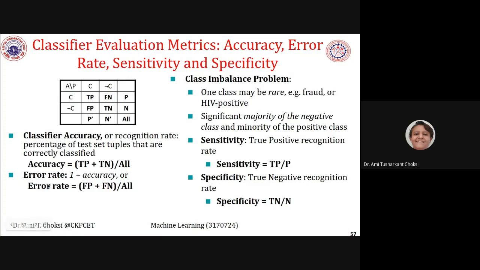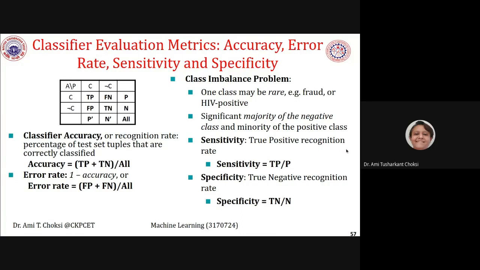Error rate is 1 minus accuracy, or we can say FP plus FN upon all, right? Class imbalance problem: one class may be rare, for example fraud or HIV positive. A significant majority is of the negative class and a minority of the positive class.